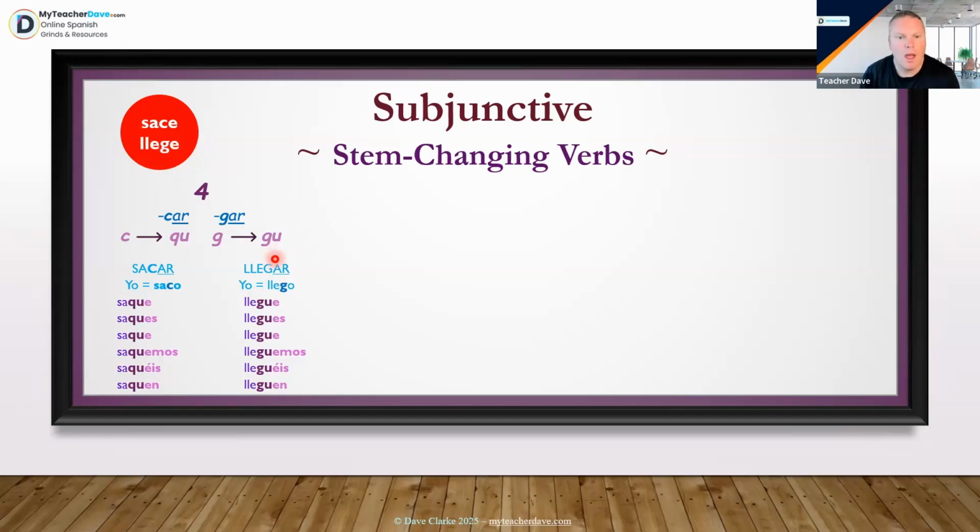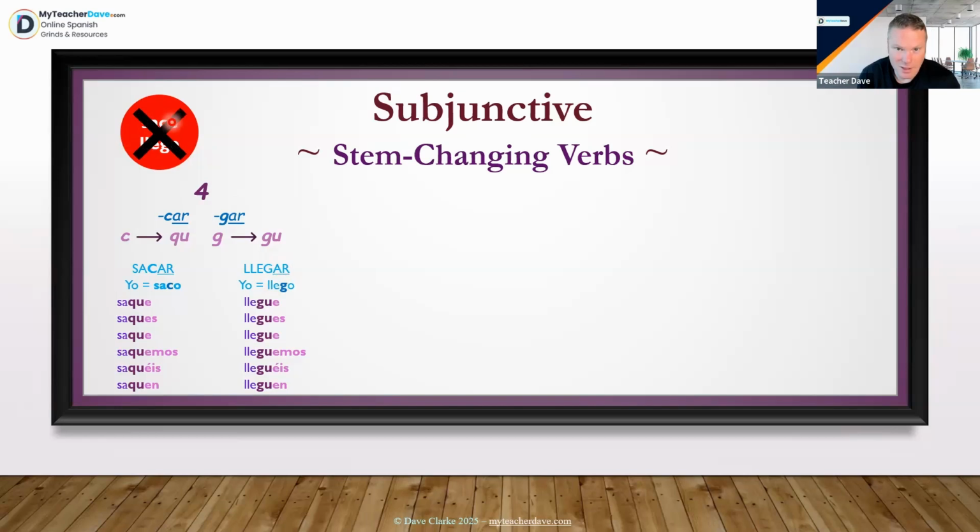So we have to keep this hard G sound. And how do we do that? Well, we can change the G to a GU, or we can pop in a U, whatever suits you better. Point is, it can't be left like this. And that's why this change occurs here.